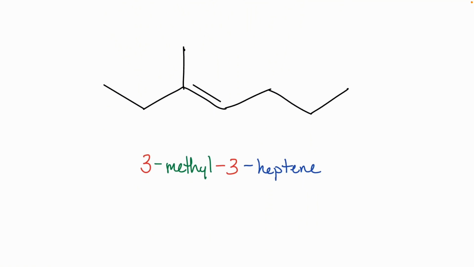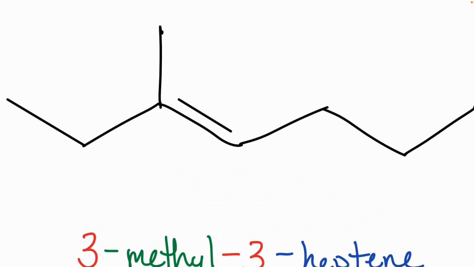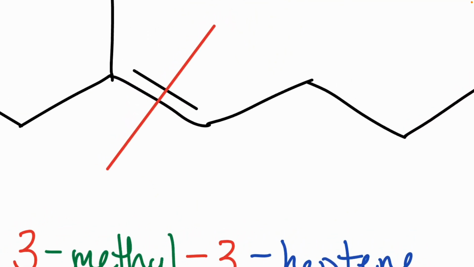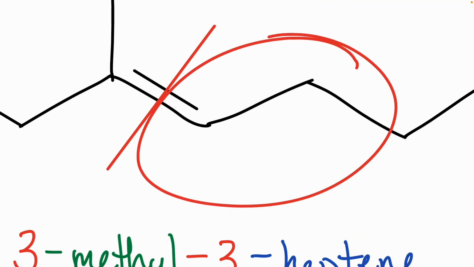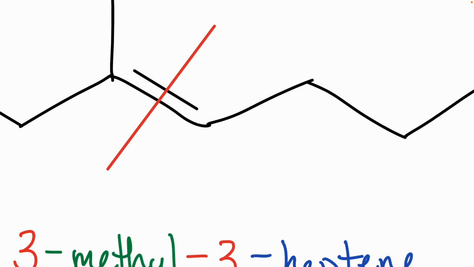All right, so again, I'm going to look at my compound and I'm going to chop it at that double bond. I'm going to look on either side and assign high and low priority. Let's look over here first on this side. I need to compare the two groups that are bound to this carbon right here. One of those is this, which is what atom?